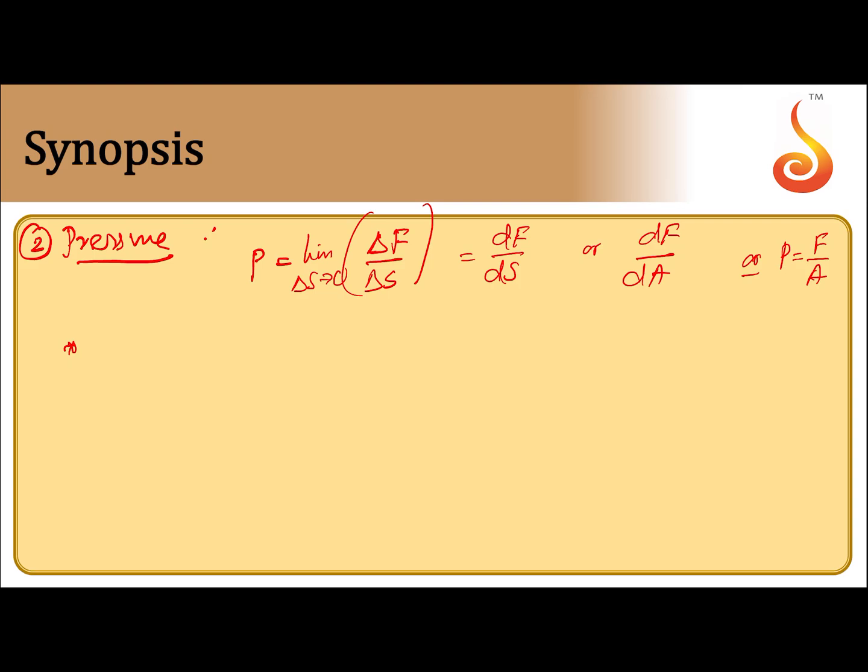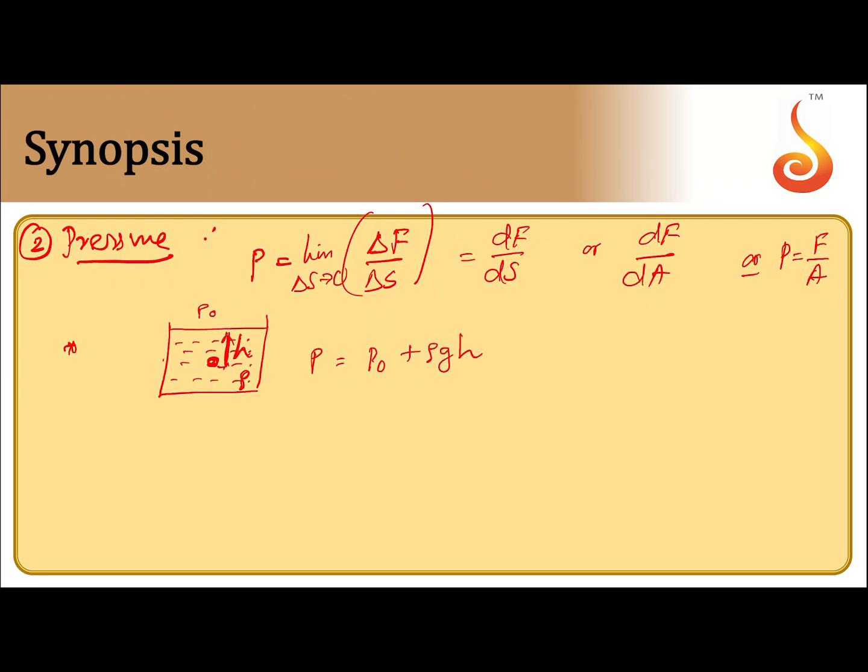Here are a couple of important points. Let us consider a liquid and atmospheric pressure is P naught, the exposed part is at pressure P naught. Consider a point which is at a depth h, the density of the liquid being rho. Then the pressure at this depth is given by P is equal to P naught plus rho g h.